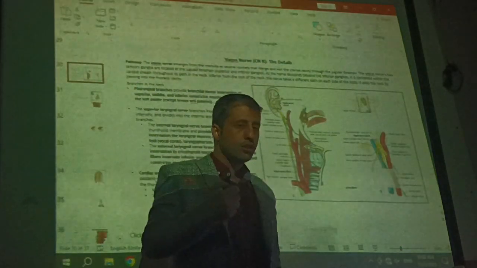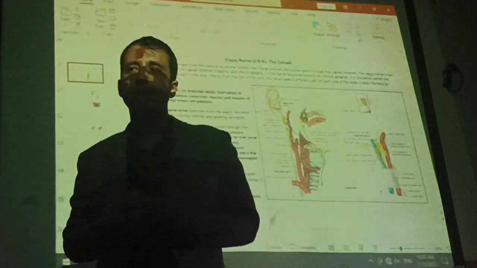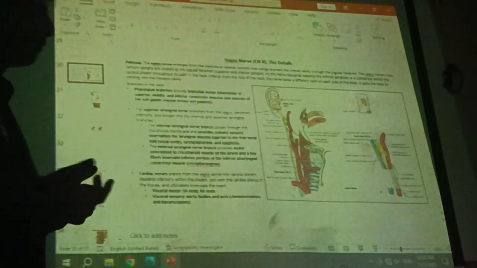The cardiac branch enters the cardiac plexus. We have two cardiac plexus, superficial and deep cardiac plexus, in which the parasympathetic fibers are derived from the vagus nerve of right and left from the inferior ganglion.